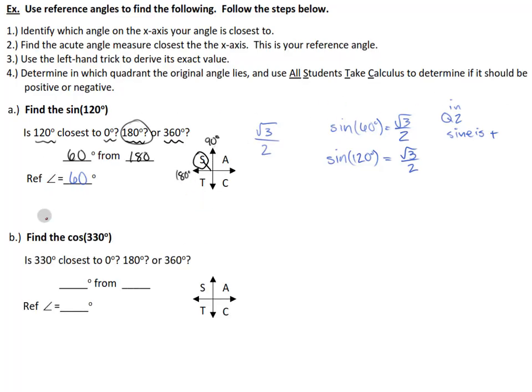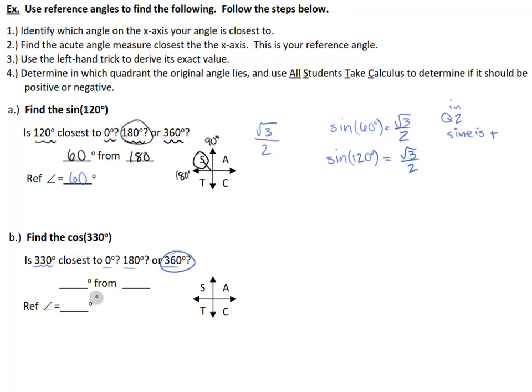Okay, let's try another example. Let's say I want to find the cosine, which is the x-coordinate, of 330 degrees. Note, again, we are outside of the first quadrant. You don't need to use a reference angle if you're in the first quadrant because it's its own reference angle. So the first thing to figure out: how far away from the x-axis are we? Are we closer to 0, 180, or 360?